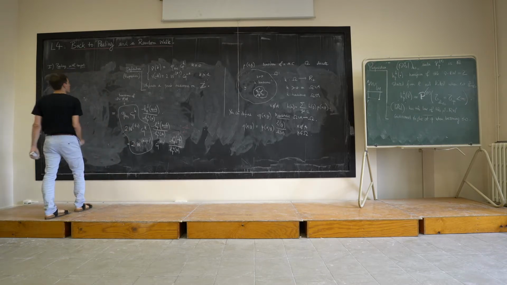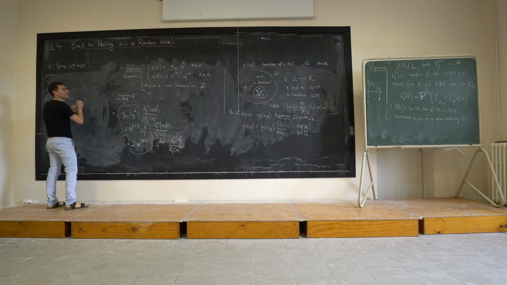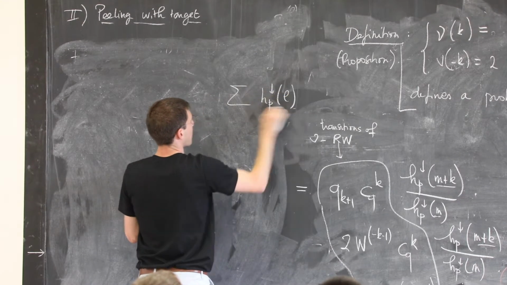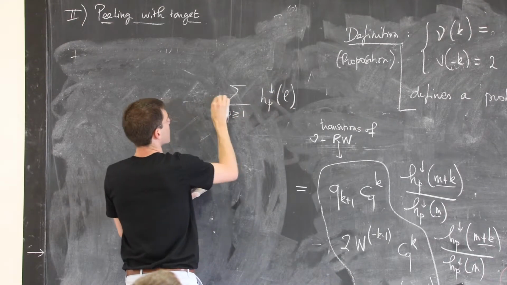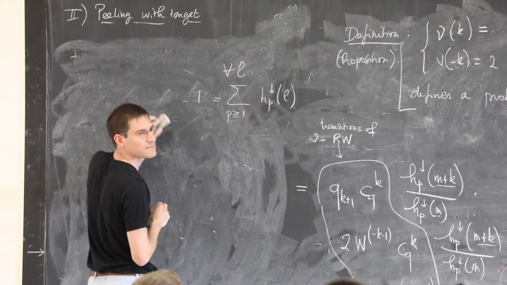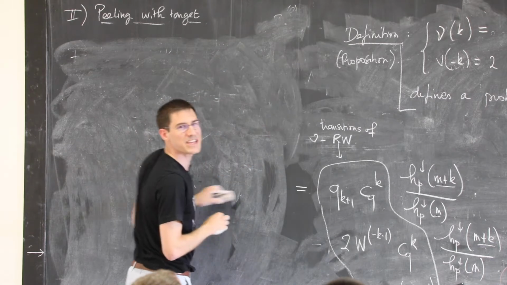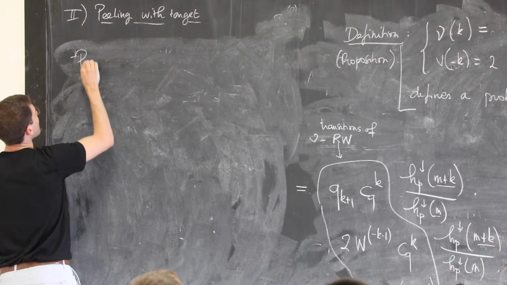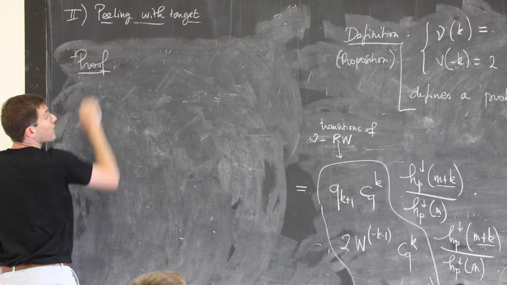Okay, and let me tell you why. But that will be cryptic. Cryptic. Proof. Look, that's one proof. There are others. Proof. So what do we know?